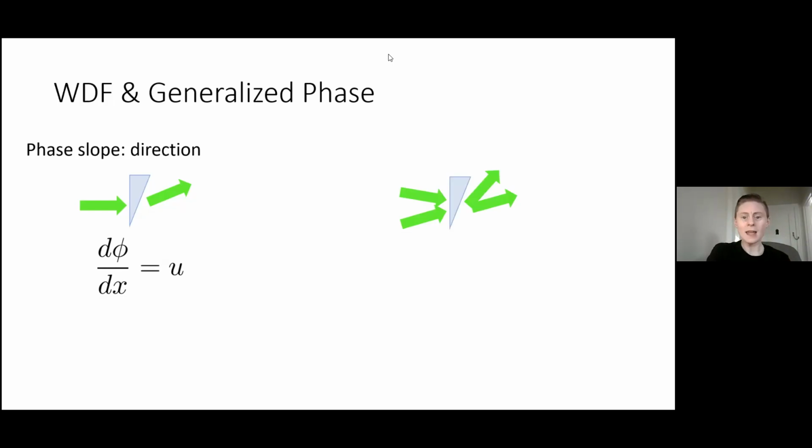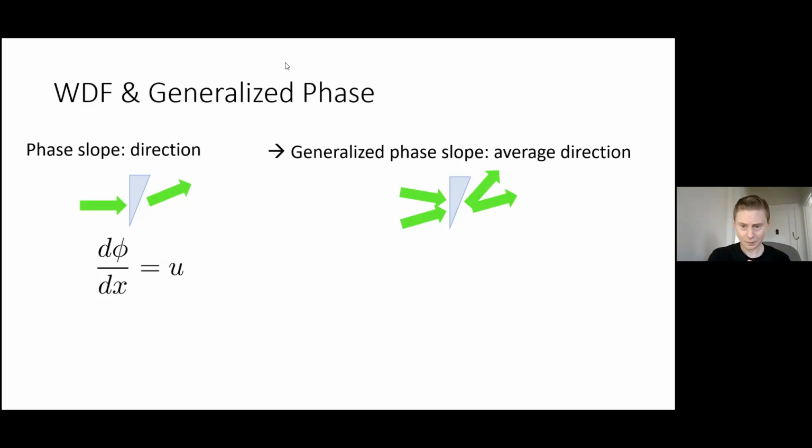But in even the simplest partially coherent situation, if I'm at some point in space, I no longer have a well-defined phase, right? Because there are two waves moving through the scene, and I can't pinpoint with a single number where I am along both of them. It becomes an undefined quantity. So to generalize the definition of phase for a partially coherent scene, we're going to take the average direction.